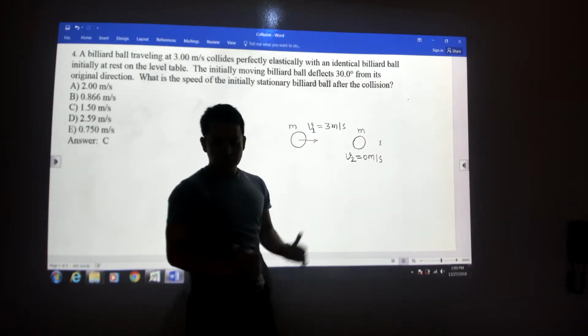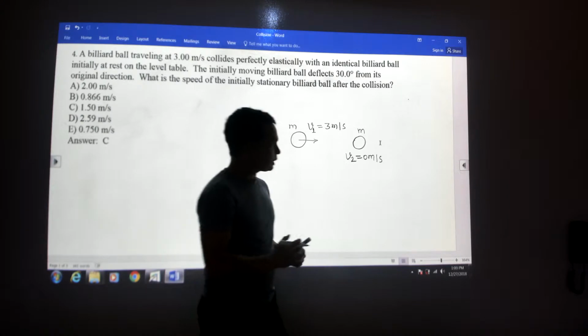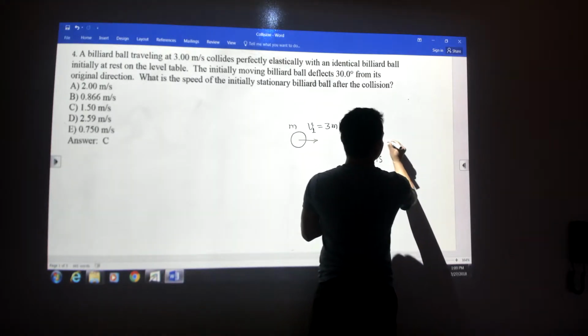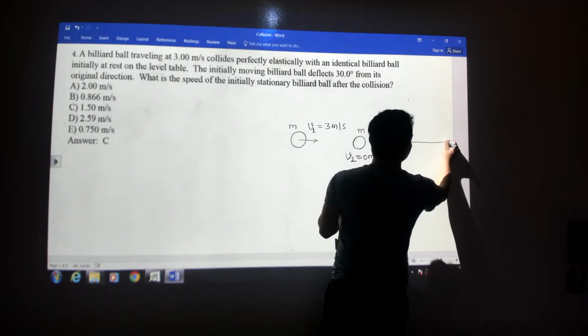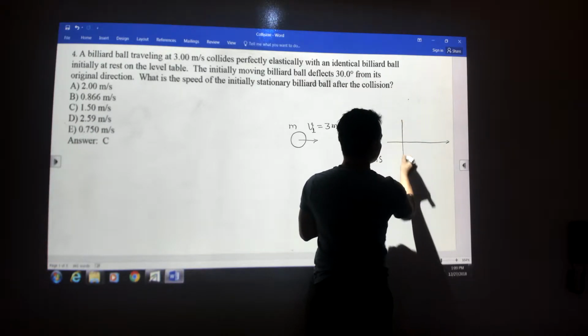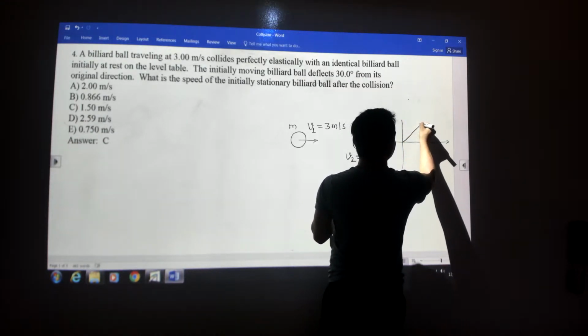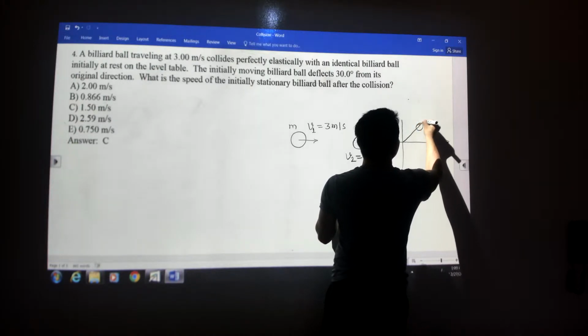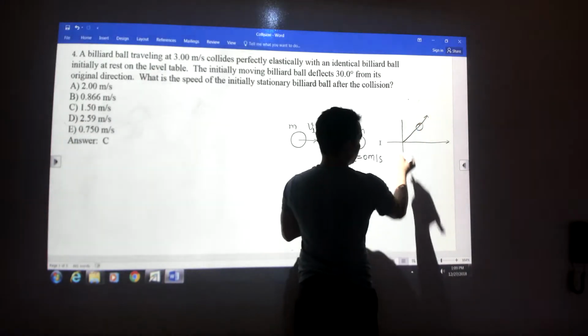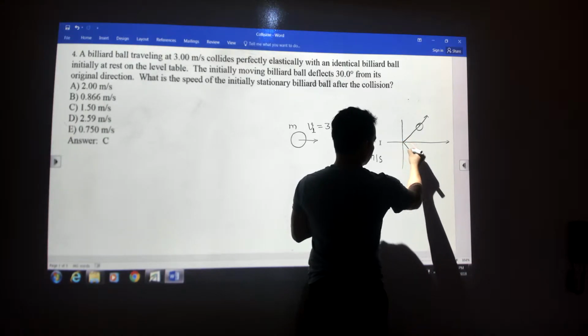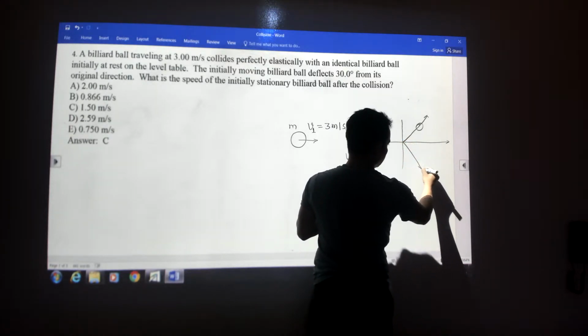Alright, so when they collide, what happens? Once they collide, one ball starts moving in this direction, and the other ball starts moving in this direction.